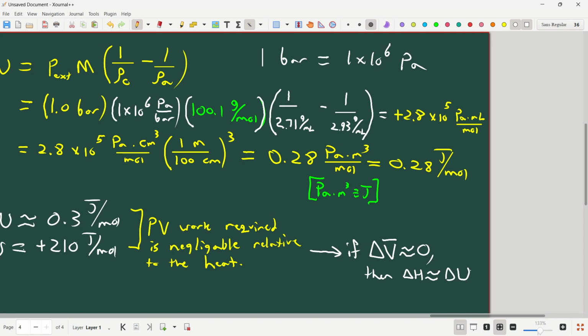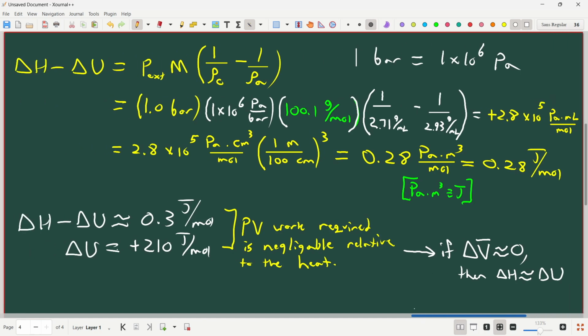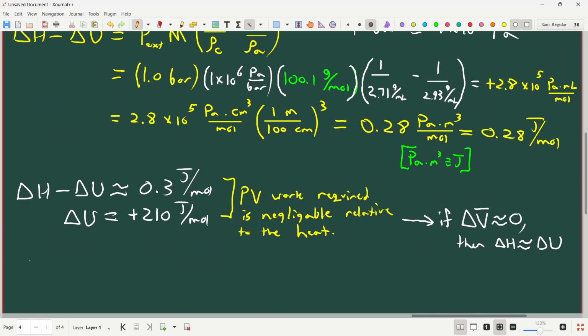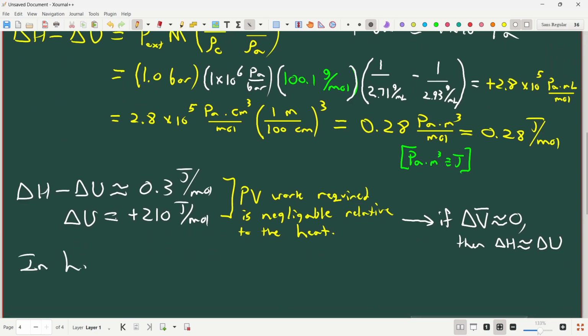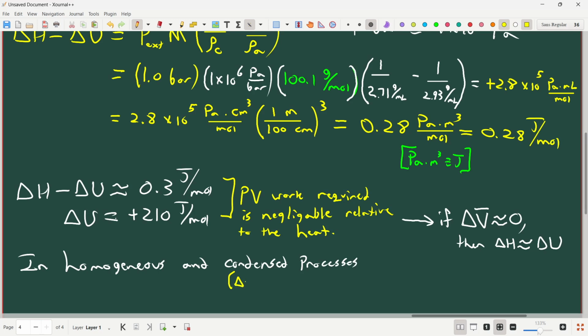Okay, so the idea is that in homogeneous and condensed processes, this means that delta V bar is close to 0.